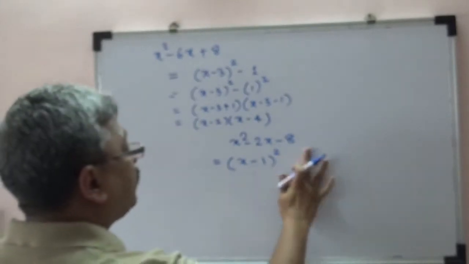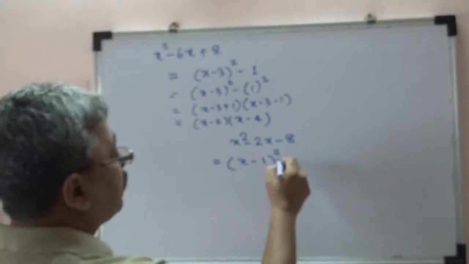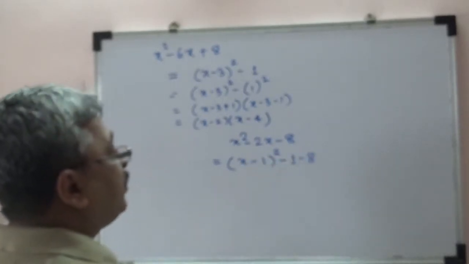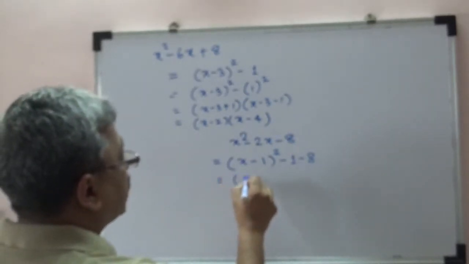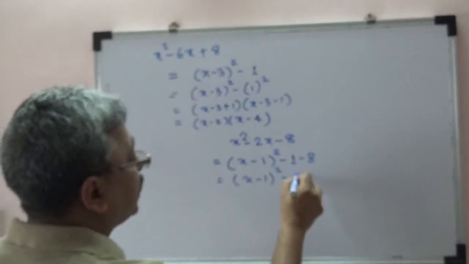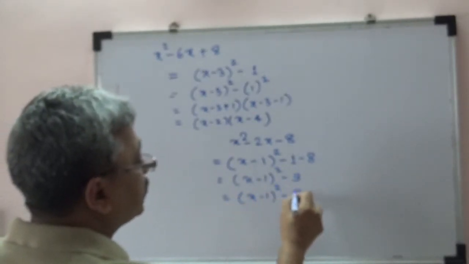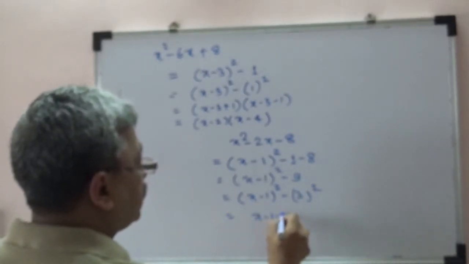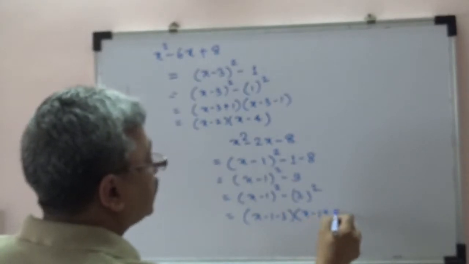So here again we can do it in two steps. I have added 1 here because of this square, which I subtract, and the original 8 is already there with the subtraction. Therefore this becomes (x minus 1) whole square minus 9, which is (x minus 1) square minus 3 square, which is equal to (x minus 1 minus 3) into (x minus 1 plus 3).